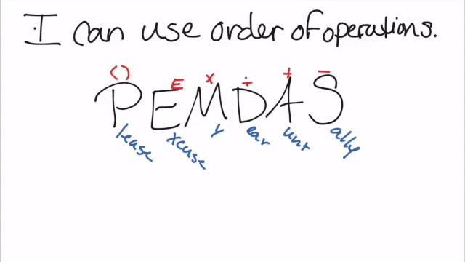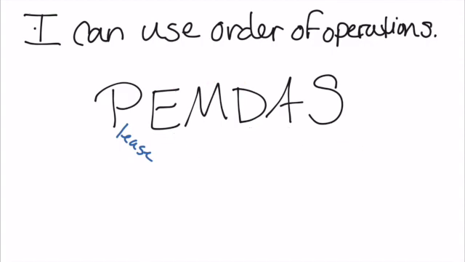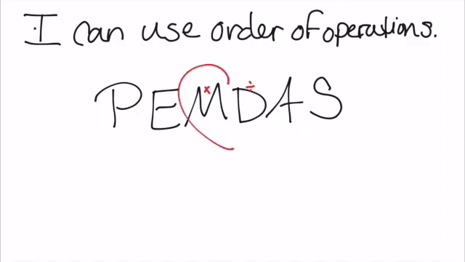Now, the only thing that is different this year than probably what you've ever learned before is one little change. From now on out, the M and the D, the multiplying and dividing, they are now married.